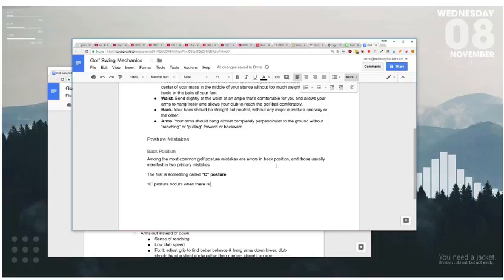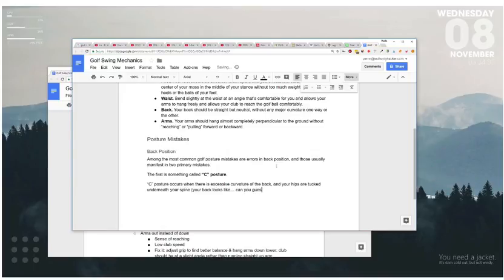C posture occurs when there is excessive curvature of the back and your hips are tucked underneath your spine. Back looks like, and I'm just adding personality here. Can you guess? The letter C.